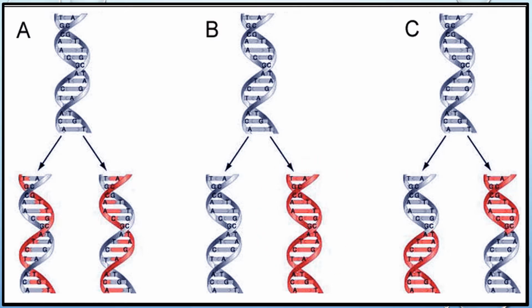While part C is explaining the dispersive model of DNA replication. According to this model, parental DNA would become completely disrupted, and each strand of all the daughter molecules would be a mixture of old and new DNA nucleotides.